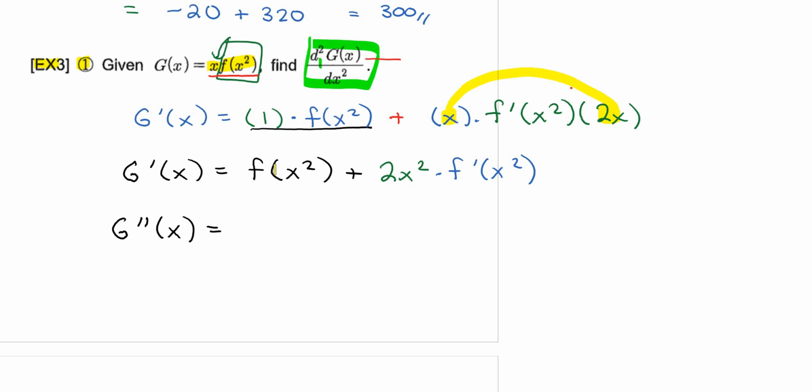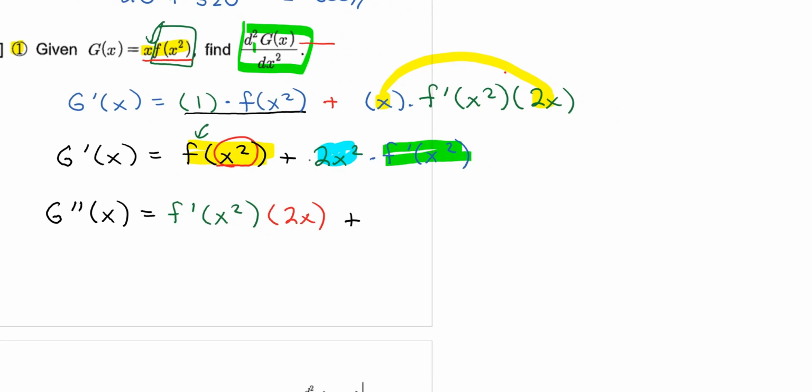Let's take a look at this expression right here. How do I find the derivative of that? Well, the derivative of f is f prime of x squared, and then the chain rule states that I need to take the derivative of the inside, which is 2x, plus. Now I have a product of two functions again, so I need to use the product rule one more time.